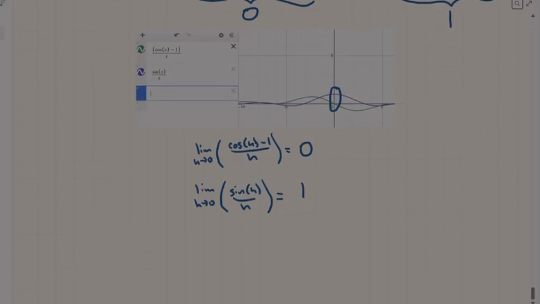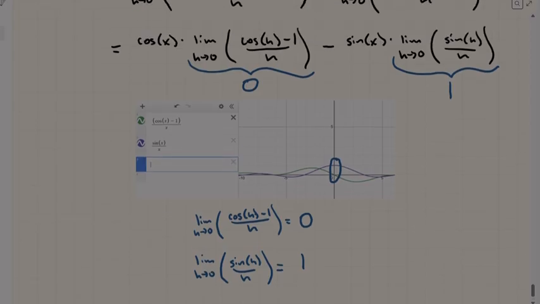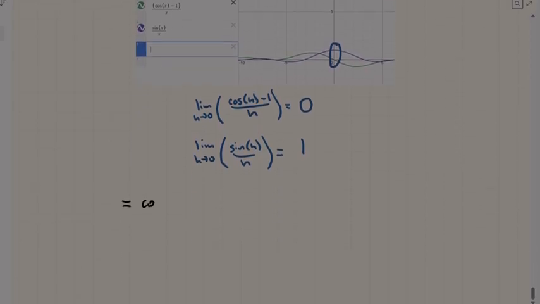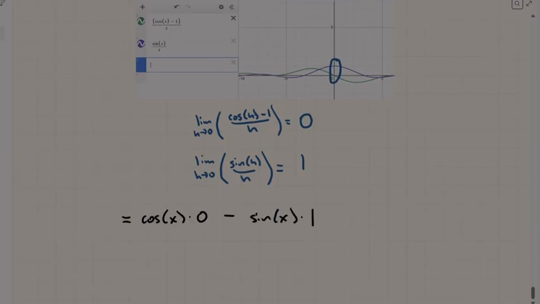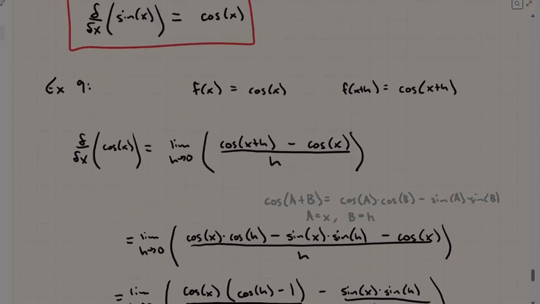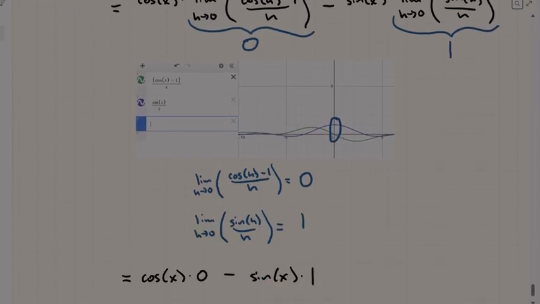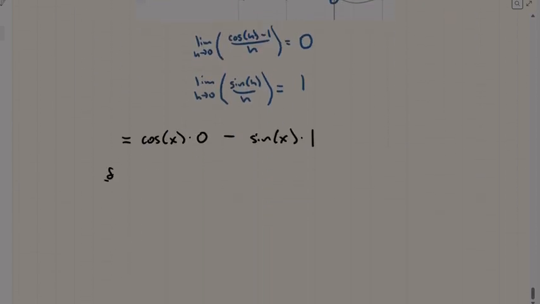And so our expression then just becomes cosine x times 0 minus sine x times 1. And remember, we were solving for the derivative of cosine. And so what this means then is that the derivative of cosine is negative sine.